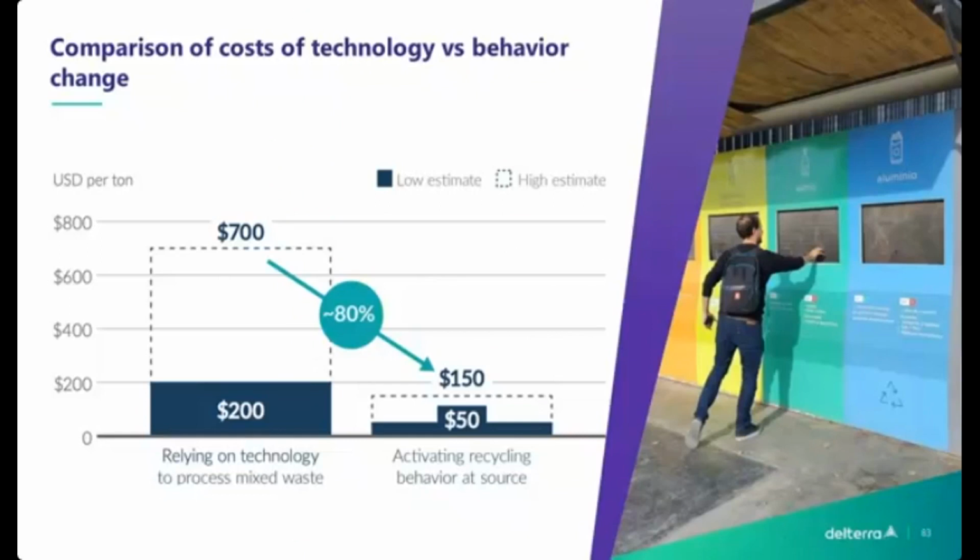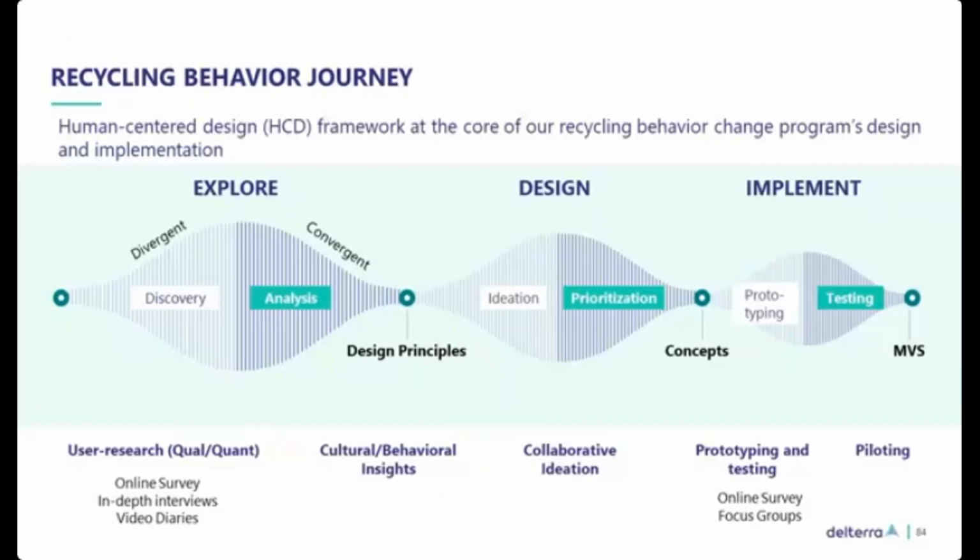And this is especially true in global south countries, that they don't have the budget to be able to invest into infrastructure, or even we've seen sometimes a city has been sold on some fancy piece of equipment, but it was not at all what they needed. There was no OpEx to go with that for repairs and maintenance. And so it ended up just collecting dust and not being valuable. So behavior change: tried and true, low tech, low cost, high ROI. So that's why we really believe that behavior change at source is the most effective way to improve the value of all materials throughout the chain.